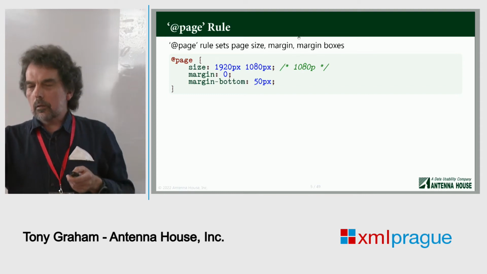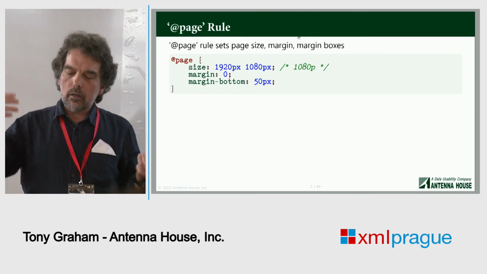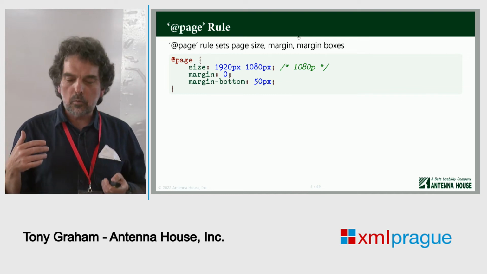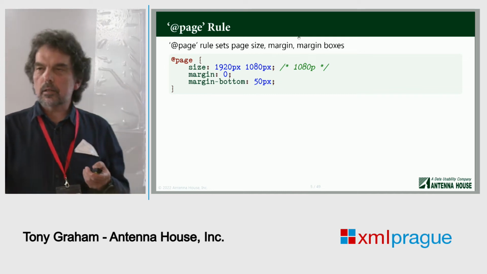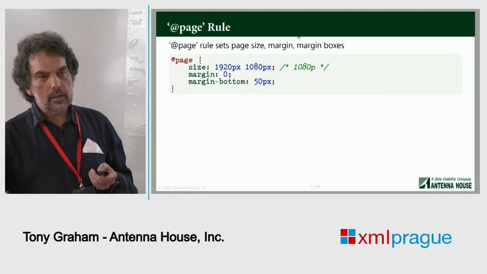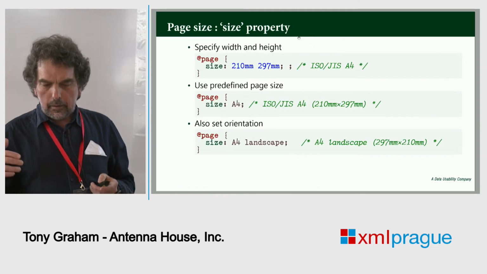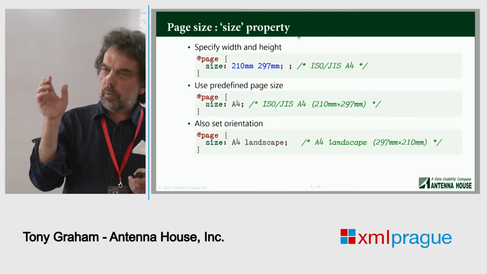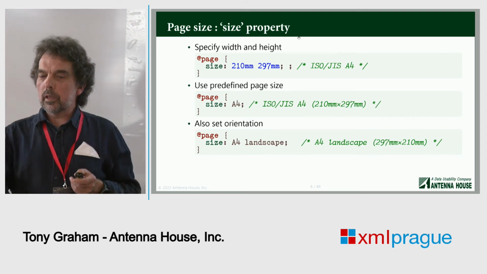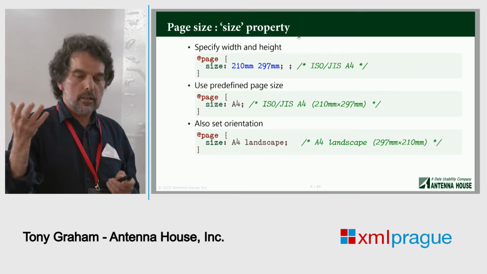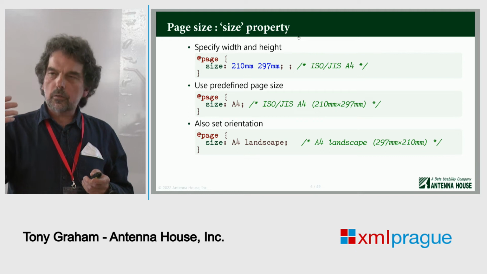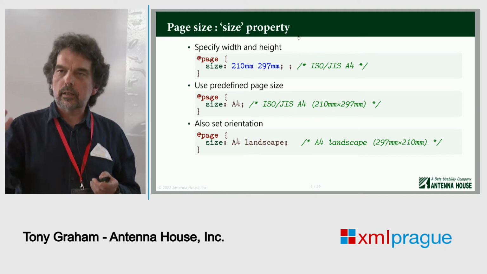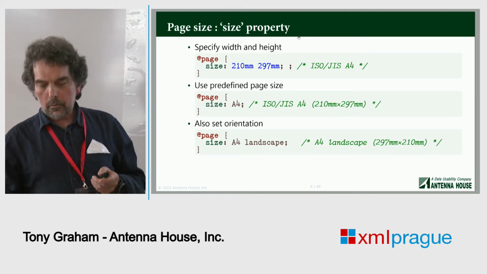You set aspects of the page in a page rule. You can say things like the size of the margins, etc. You can specify the page size by specifying both the width and the height, or there's a selection of keywords that you can use for well-recognized page sizes like A4, landscape.